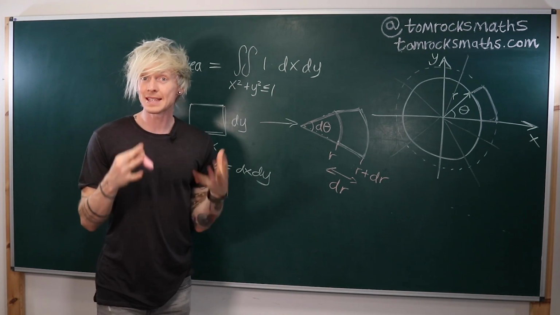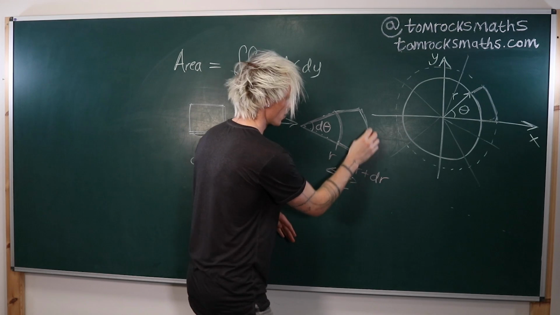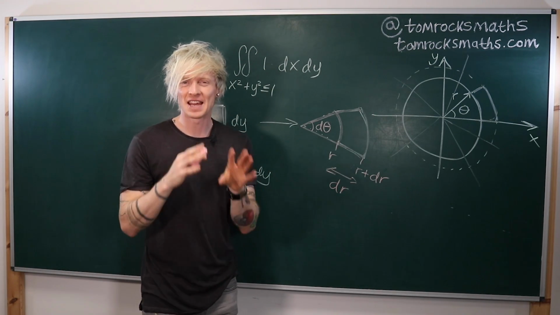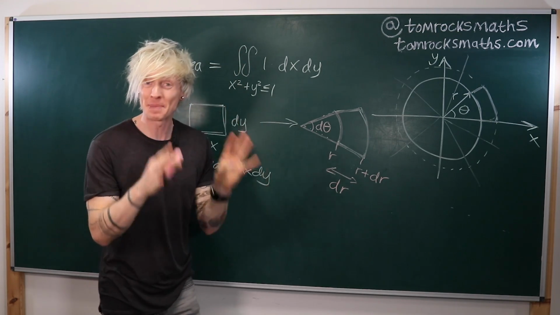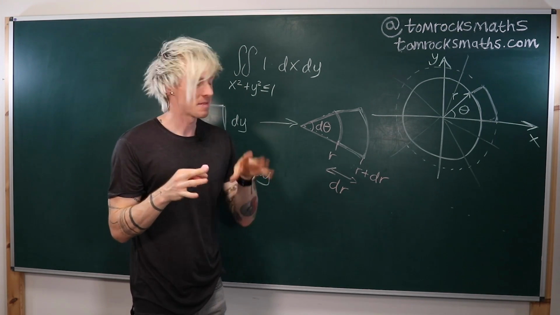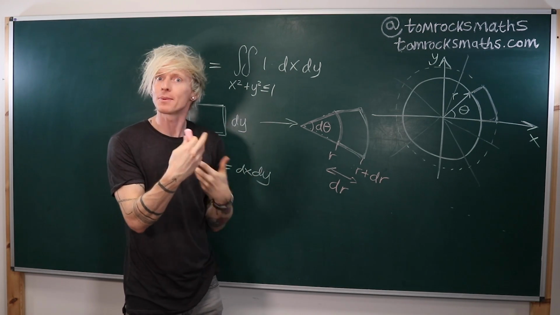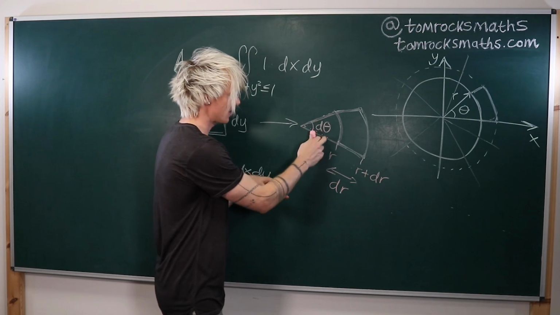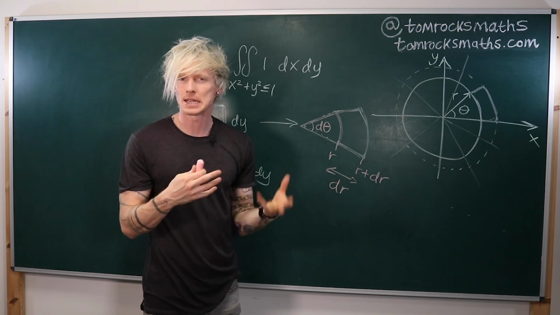What we're going to do at this stage is actually approximate this curved shape as a rectangle. Now this might seem almost like cheating at this point, but bear with me, because in the limiting process, which remember is what happens when we do the integral, we're allowing d theta to tend to 0 and dr to tend to 0.